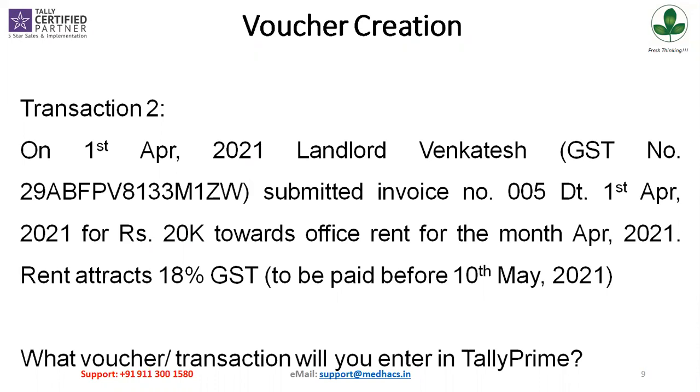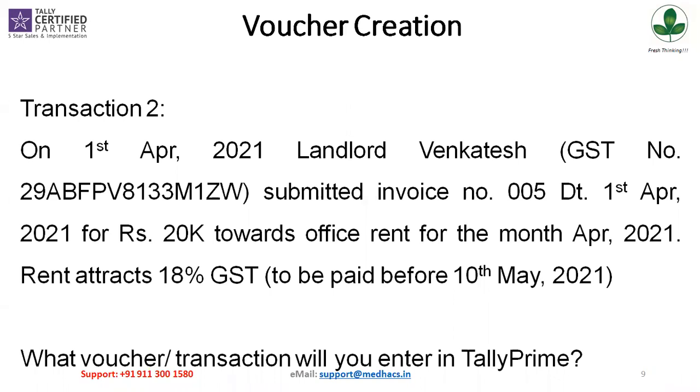This transaction we have not done. On 1st of April 2021, Landlord Venkatesh with his GST number submitted invoice number 005 dated 1st of April 2021 for 20,000 rupees towards office rent for the month of April 2021. Rent attracts 18% GST. This has to be paid before 10th of May 2021.